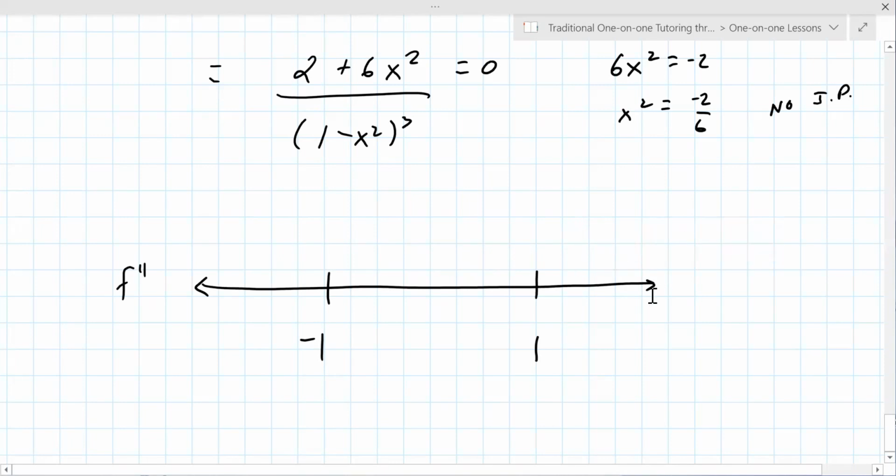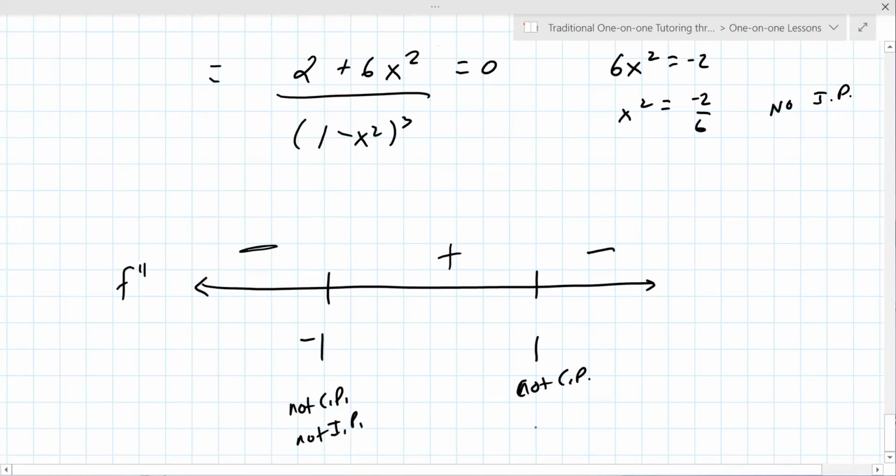So let's say we check 10. 1 minus 10 squared is like a negative number. Cubed is a negative number. This is positive up top. So this becomes a negative. You test 0, you get 2 over 1. That's positive. Negative 10 here, it's the same situation as over here. So it's negative. Okay. But these are not critical points. So they're not inflection points.